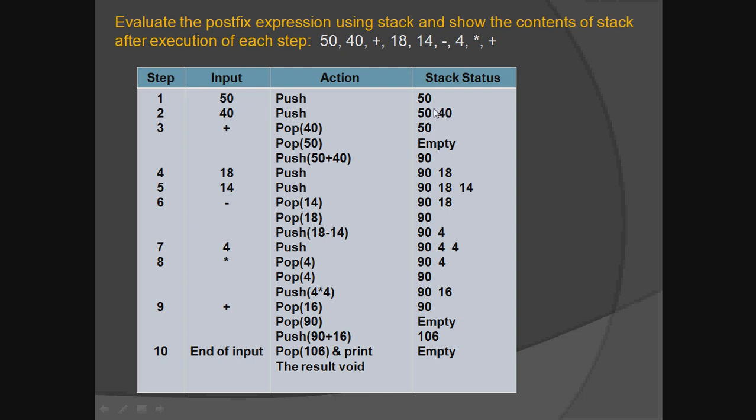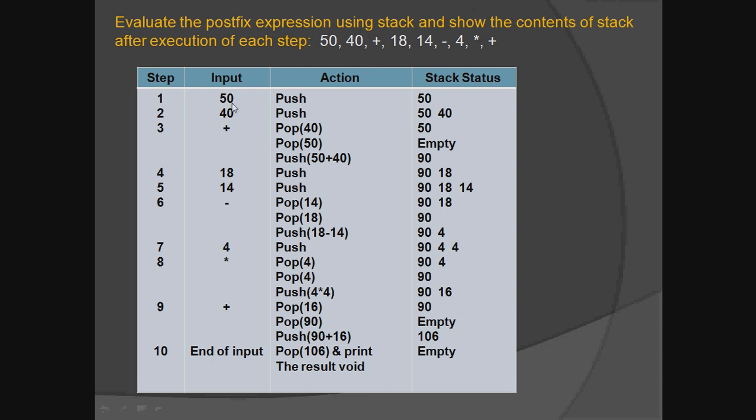Here, in terms of the data values stored in these variables, the priority does not matter. Clear? It does not mean that 50 should be above 40. Only the priority or the precedence level matters in terms of the operators.